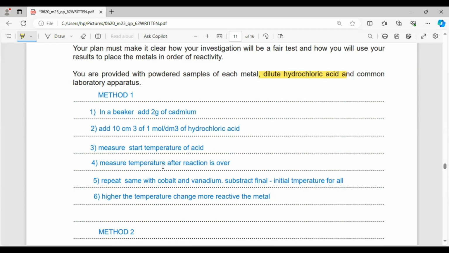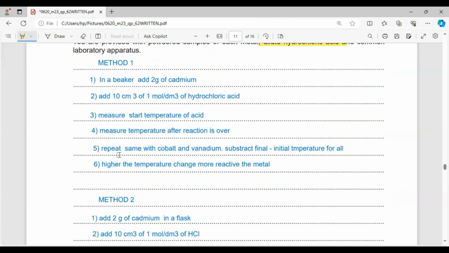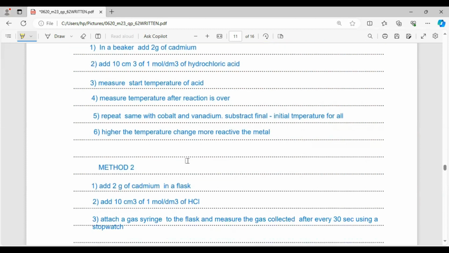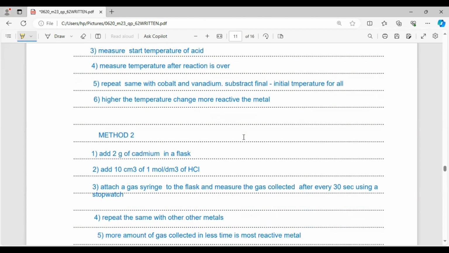Once the reaction is complete, again measure the temperature of the reaction. This will be the final temperature, and the temperature recorded at the start of the reaction will be your initial temperature. You have to repeat the same process with the other two metals, that is cobalt and vanadium. Now subtract final temperature minus initial temperature. The higher the temperature change, the more reactive the metal will be. So this is the conclusion.